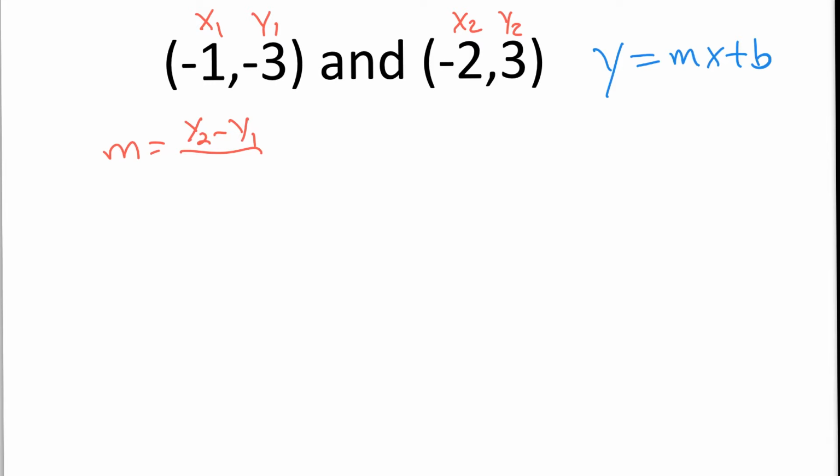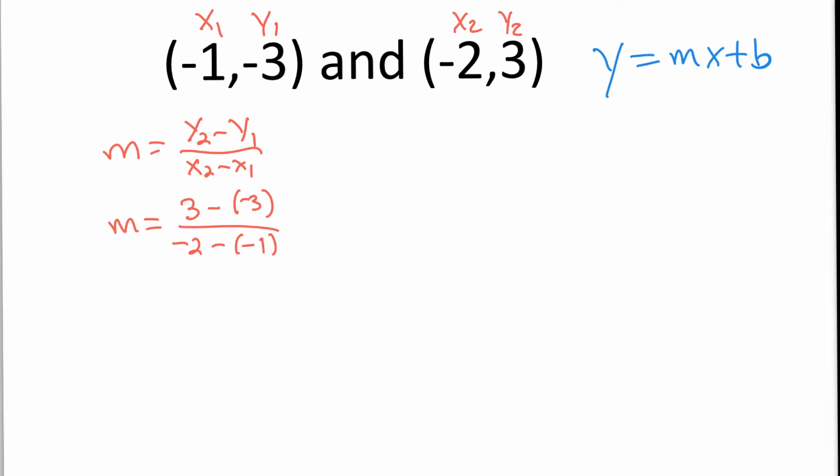Y sub 2 minus y sub 1 divided by x sub 2 minus x sub 1. I'm going to substitute the numbers. So y sub 2 is 3 minus y sub 1 is negative 3. Notice I have double negatives. Be careful with those signs. On the bottom, x sub 2 is negative 2 minus x sub 1 is negative 1.